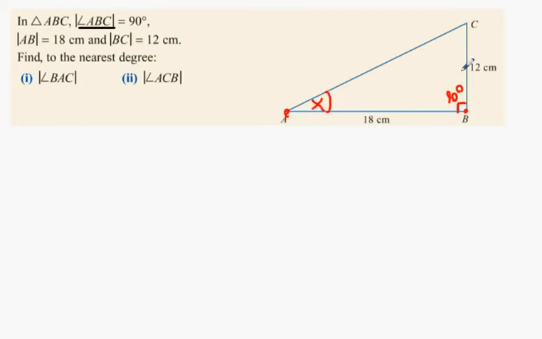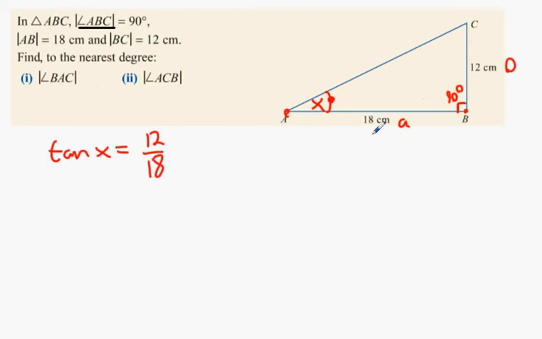Now, what 2 sides do we know relative to the X? Opposite and adjacent. Which function should I use? Tan. Tan what, Oshin? 12 over 18.